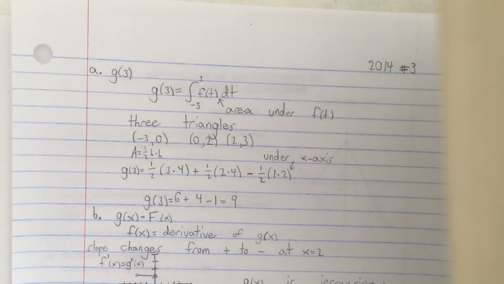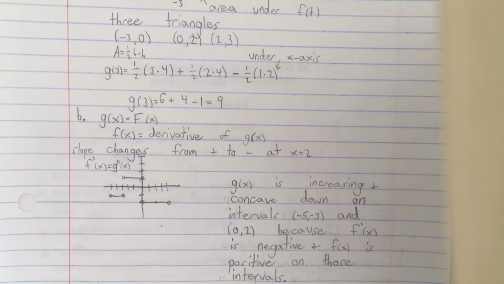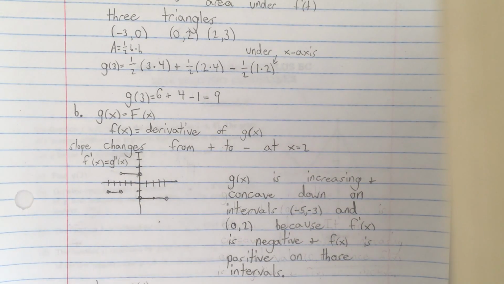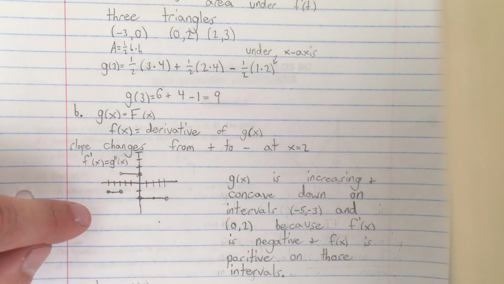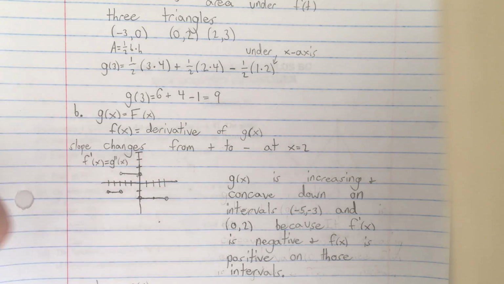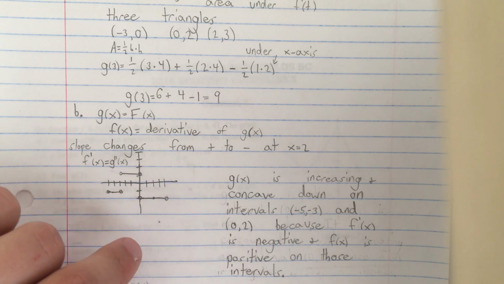If we look at the graph, which is a graph of the second derivative of g, we see that it's negative on the interval of -5 to -3, and from 0 to 4.